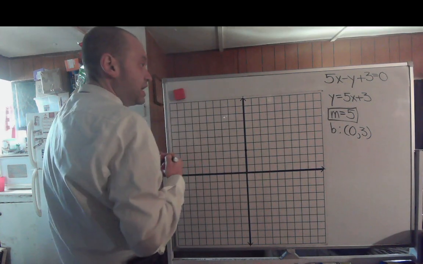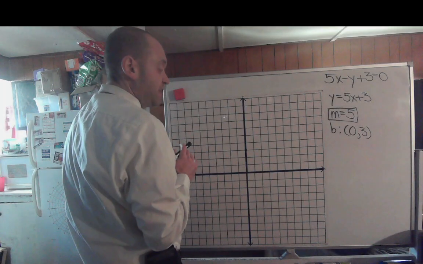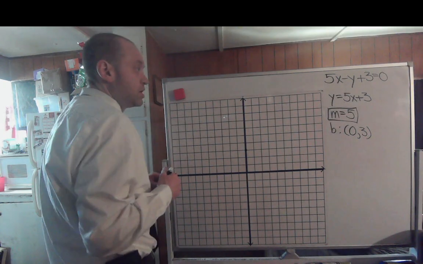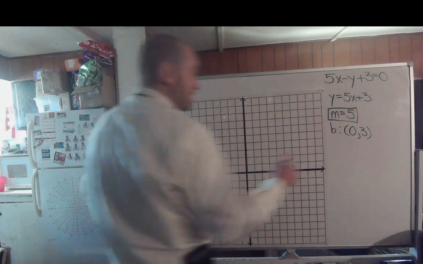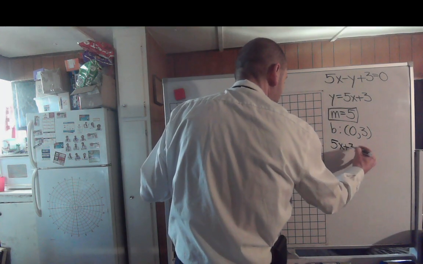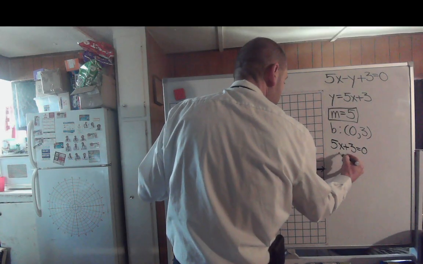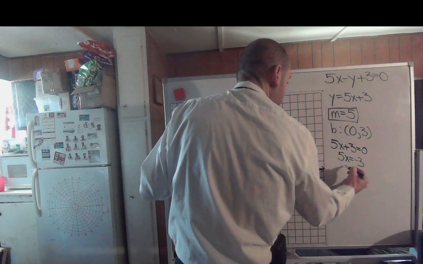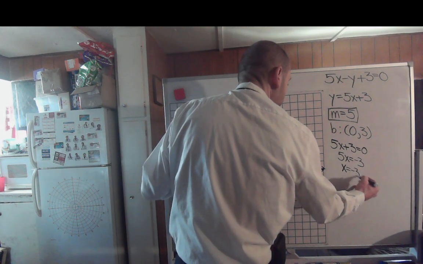And if you're going to plot this, it also wouldn't hurt to find the x-intercept, which would be when y is 0. So if you set 5x plus 3 equal to 0, you would get 5x equals negative 3, x would equal negative 3/5.